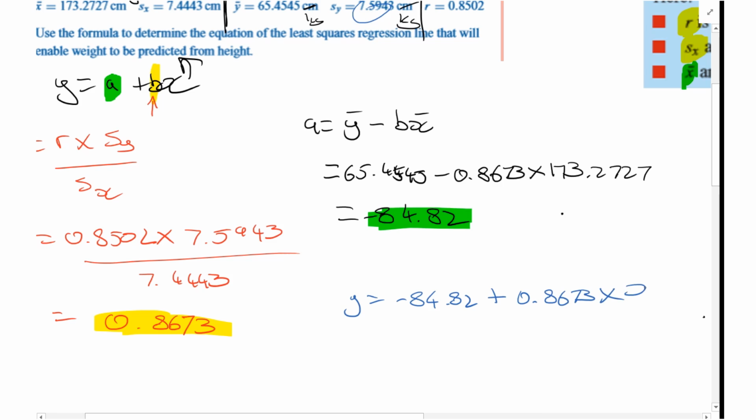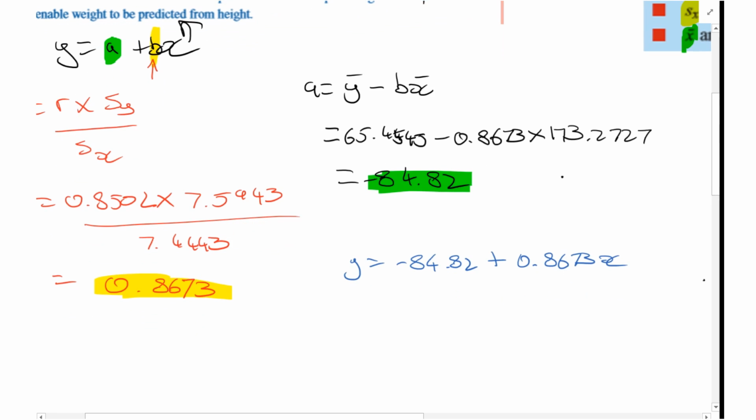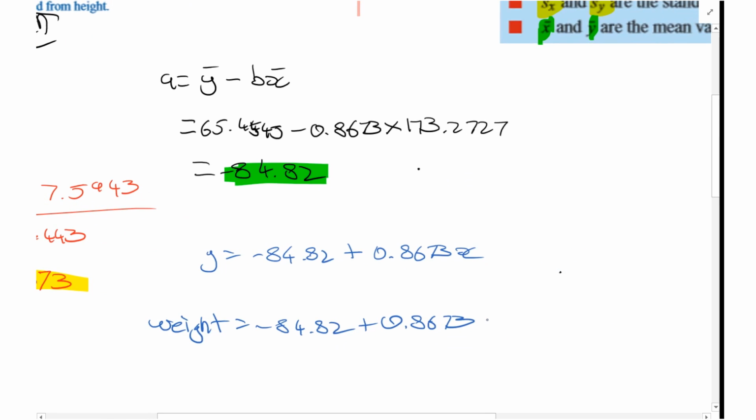Let's actually get rid of the times there, and that's x. That's not the final answer though. Final answer is we say the weight, so it's in terms of the variable, equals minus 84.82 plus 0.8673 times x, and our x was the height.